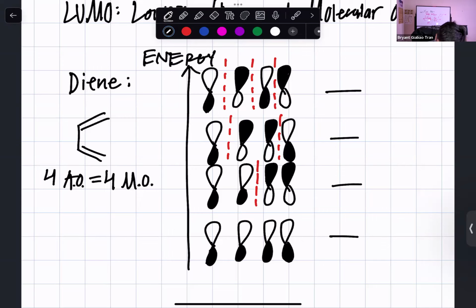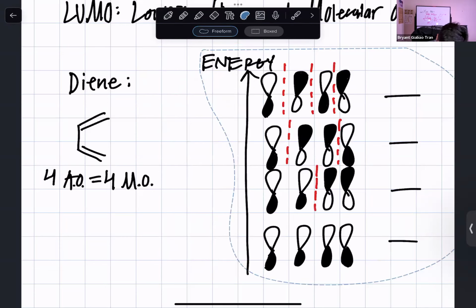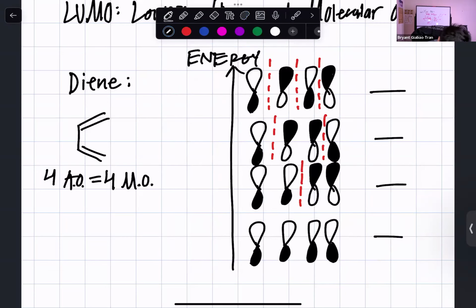So a way to think about this is that at the lowest energy, we see that everything is flowing within each other. So if we draw in our diene like this, the electrons here are flowing all throughout the system, right?